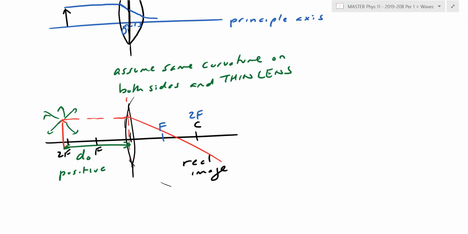The focus on this side is on the real side for the lens, so these focuses are going to be positive. When we do our equations in the next lesson, make sure those are positive. The f and the 2f on this side are going to be negative. Because refraction does something opposite of reflection, everything else is flipped around.